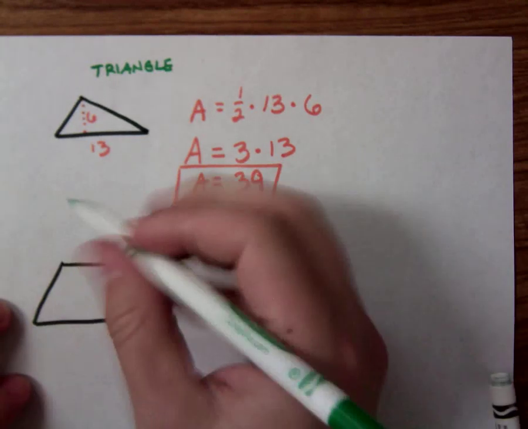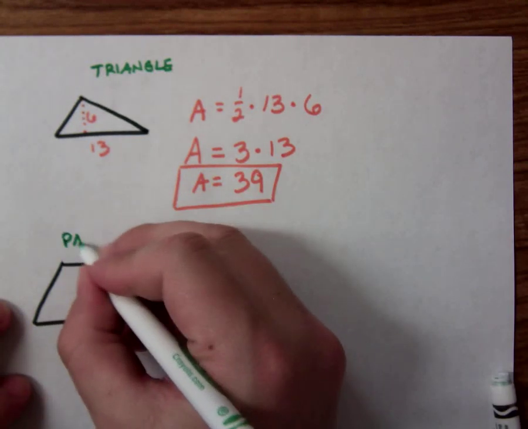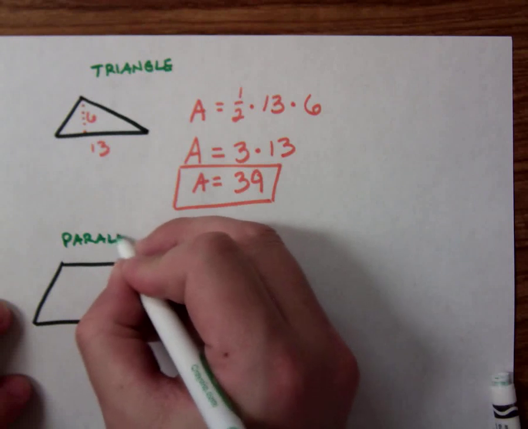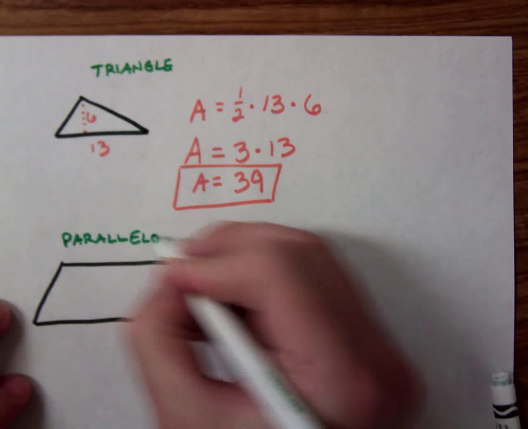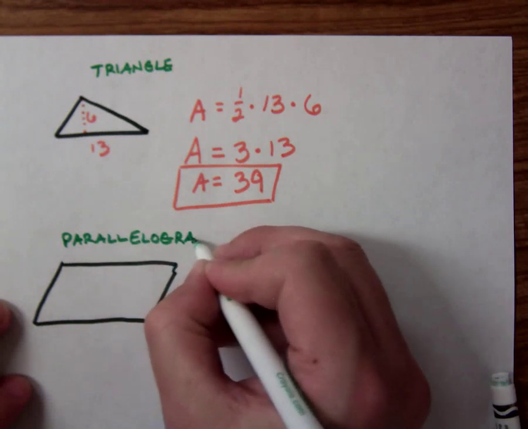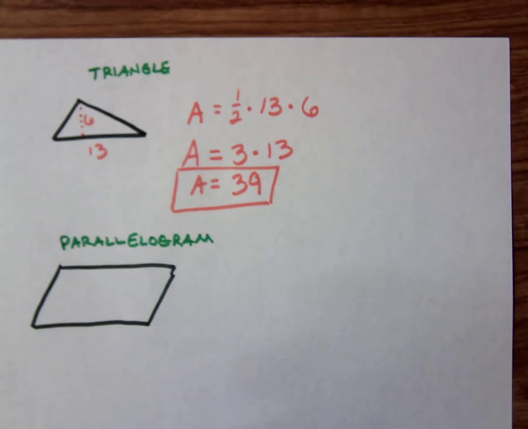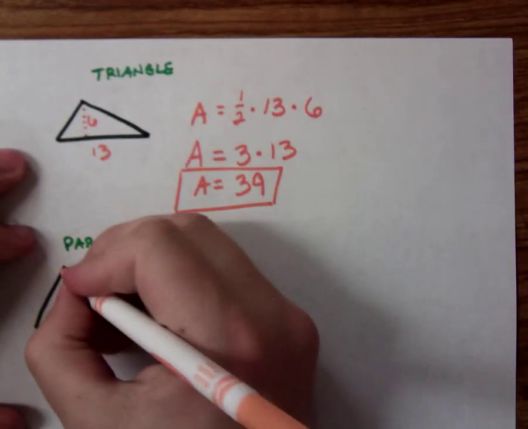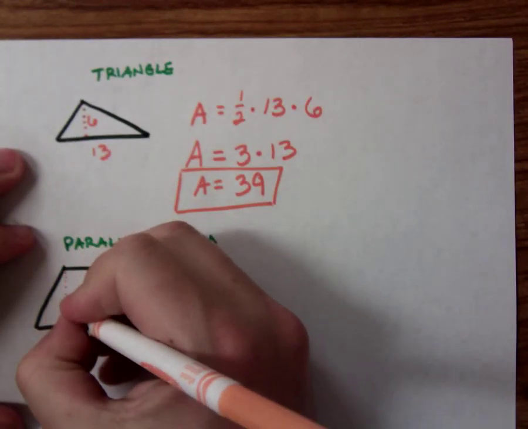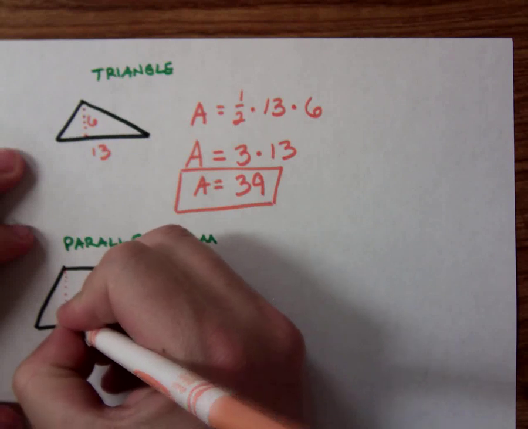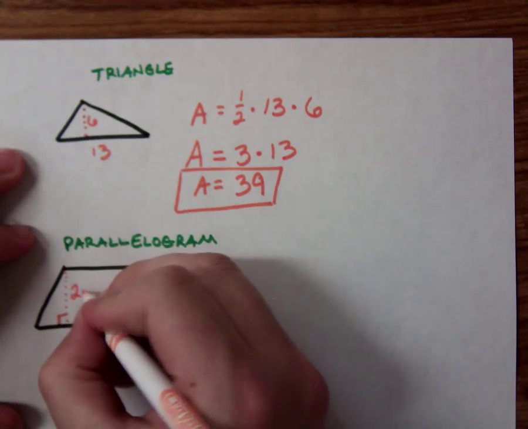Let's do everybody's favorite shape with an excessive number of L's in the name, the parallelogram. We need the same measurements for a parallelogram that we needed for a triangle. And just because I'm trying to ruin everybody's life, let's go ahead and do some decimals here.